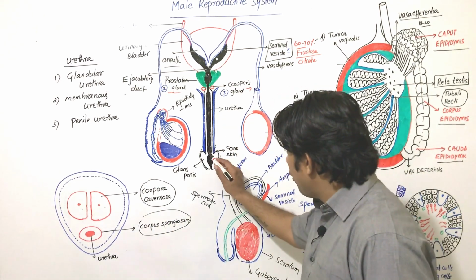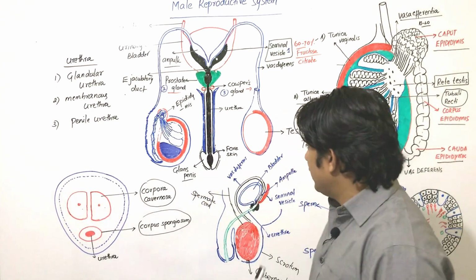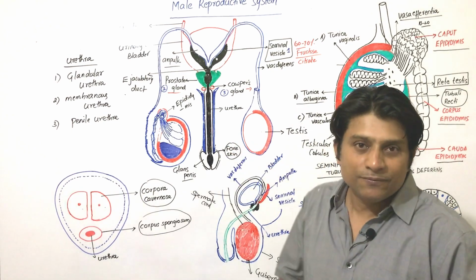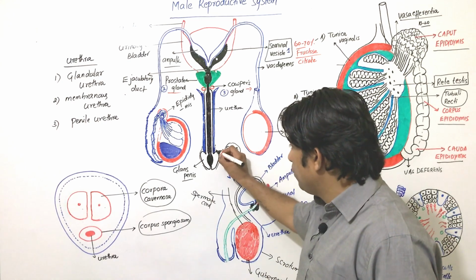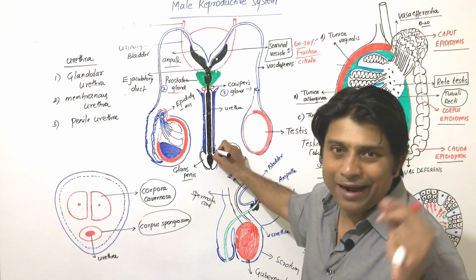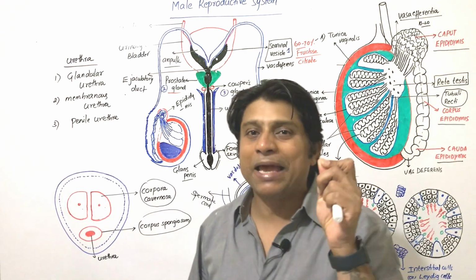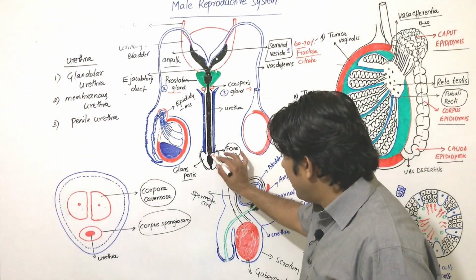Now this is the tip of the penis, which is called glans penis. The glans penis is covered with foreskin, which is called prepuce. Now on the prepuce are present some specialized glands which are called Tyson glands. The secretion of these Tyson glands is smegma. Right?